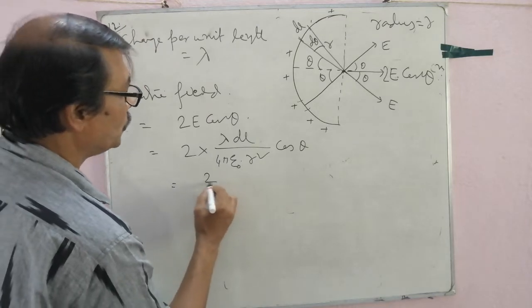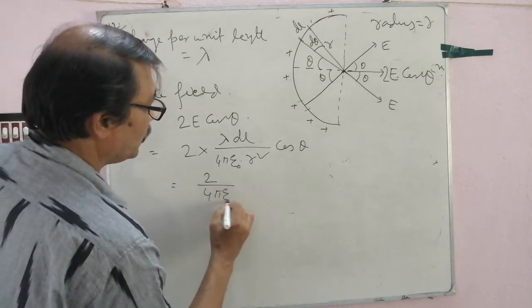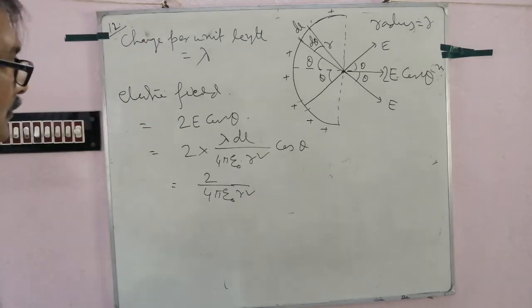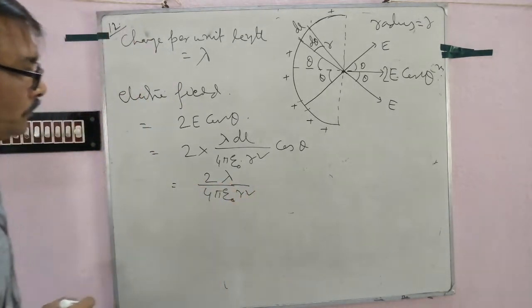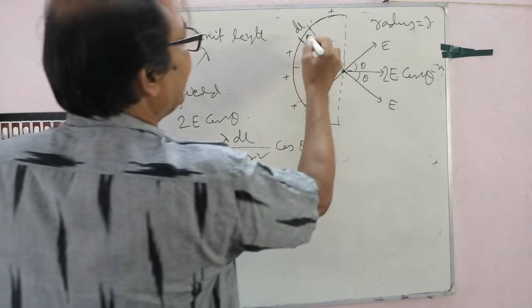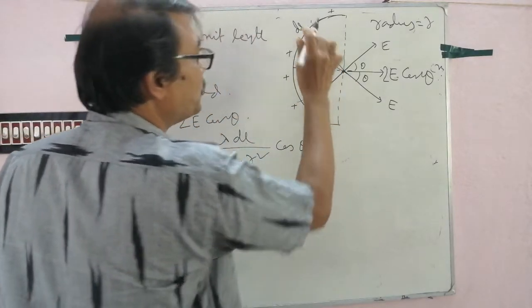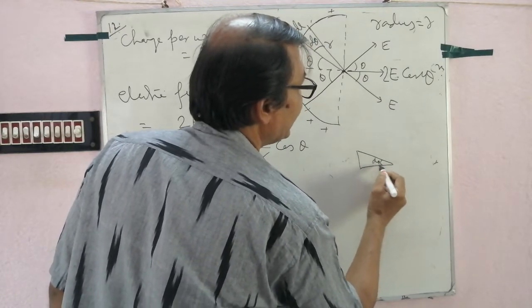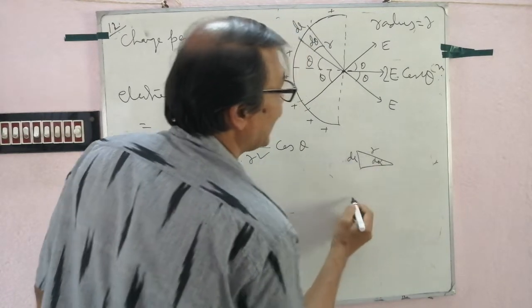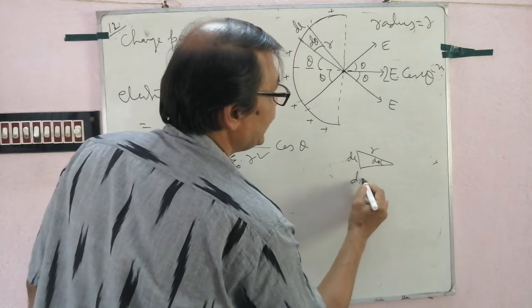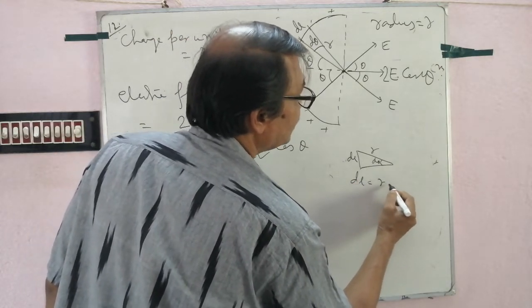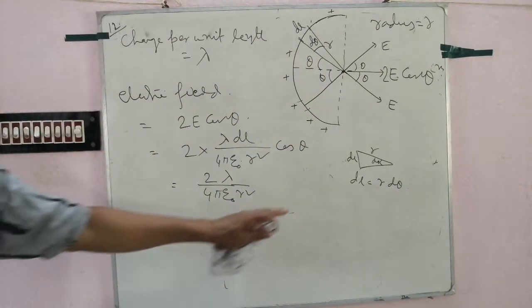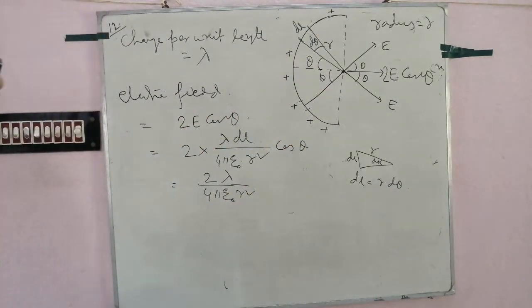Now follow, 2 by 4 pi epsilon naught r square lambda. Follow dl: this small triangle I draw here, this is d theta, this is dl, this is r. So dl equals r d theta.